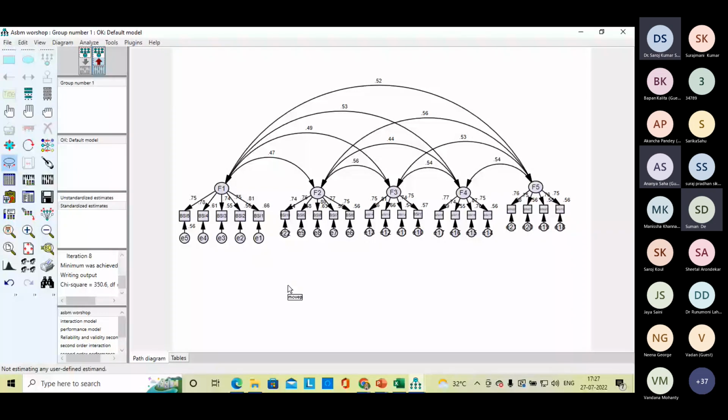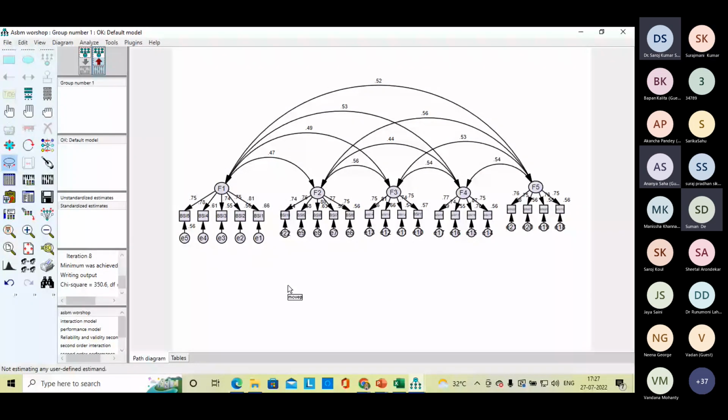There is no doubt that BSI 1, BSI 2, BSI 3, BSI 4, BSI 5 will come under F1, not under F2, F3, F4, or F5. Please listen all of you carefully. BSI 1 will never come under F2, F3, F4, or F5.